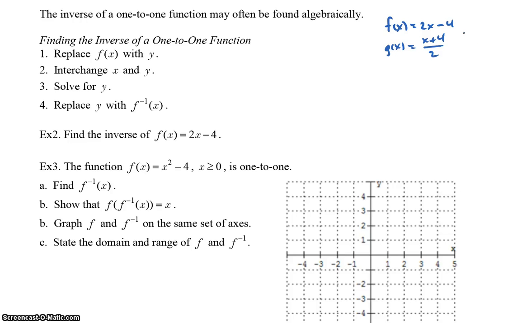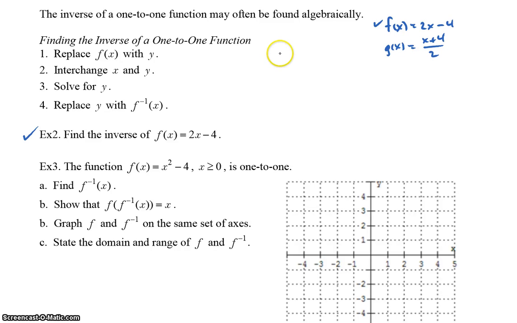Let's apply this four-step process to example 2 and actually find the inverse of f of x equals 2x minus 4, this function that we looked at in an earlier example. Let's apply this four-step process to actually find the inverse directly from f. So this is a one-to-one function. We actually looked at the graph of this function. It's a straight line, so it is a one-to-one function. So we can find its inverse.